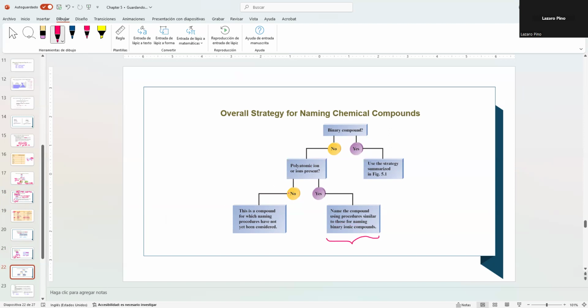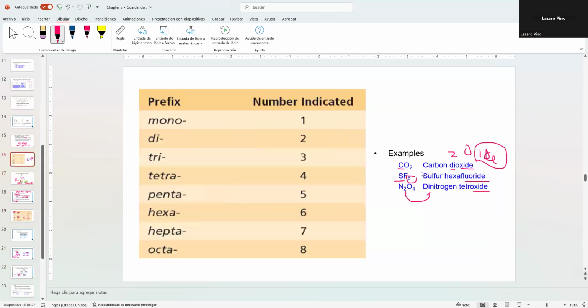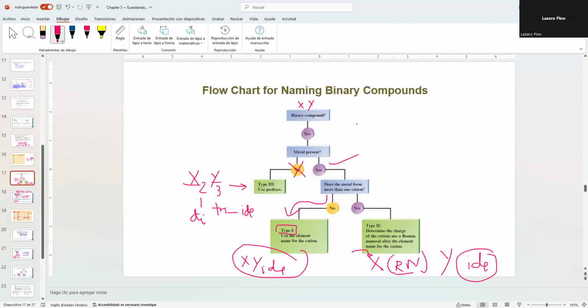If you don't have a polyatomic ion, then these compounds will be named in a special way that we haven't studied in this class. If you have a binary compound, then you use the strategies that we have seen before. Look, you use this flow chart.